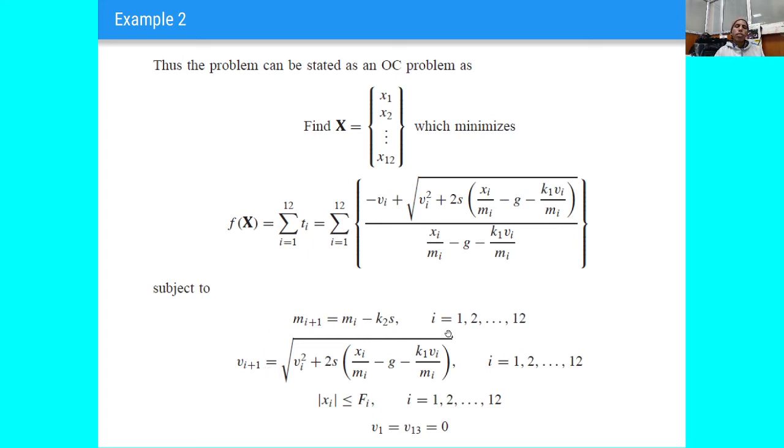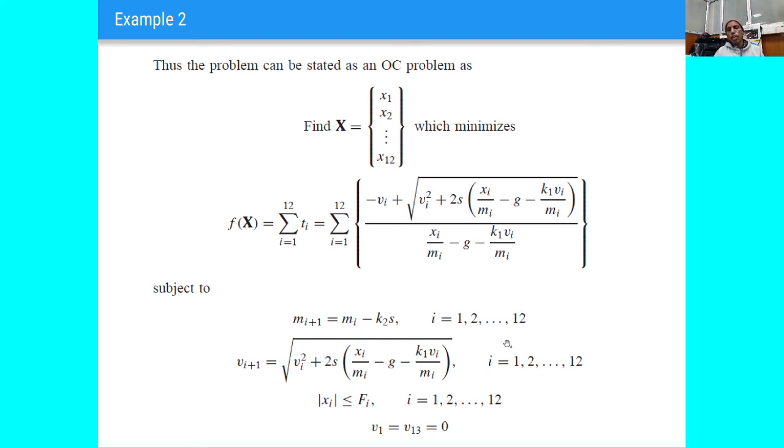V(i+1), the velocity at any control point, is given by the square root of the square of the velocity at the preceding stage plus 2s times the thrust at the preceding stage divided by the mass at the preceding stage, minus c minus k1 times the velocity at the preceding stage divided by the mass at the preceding stage.